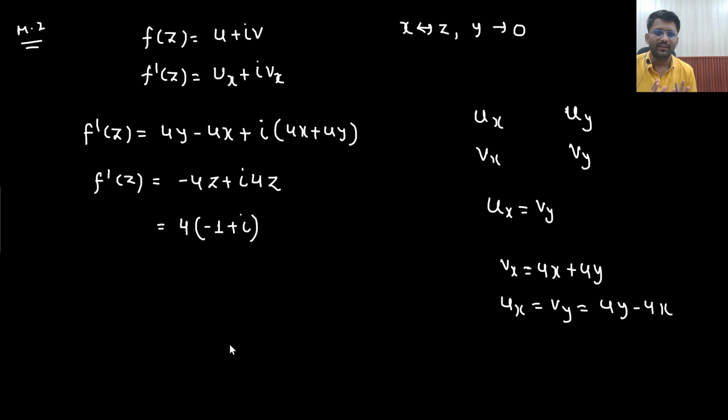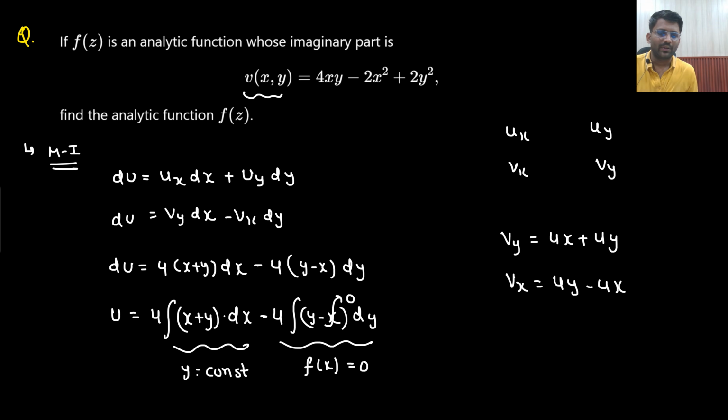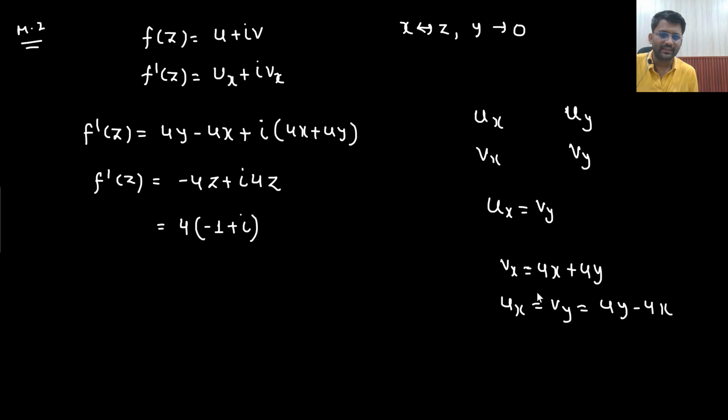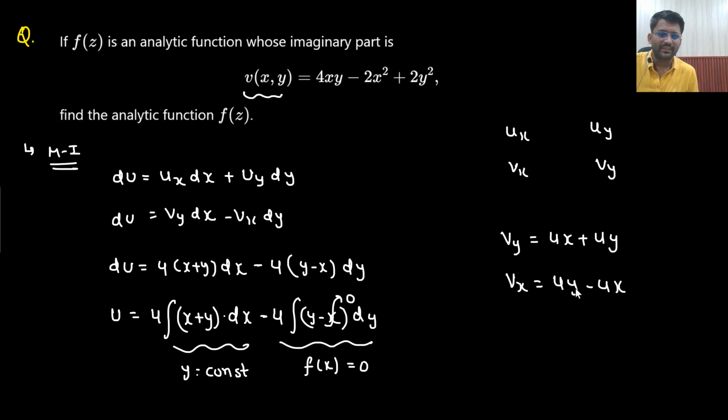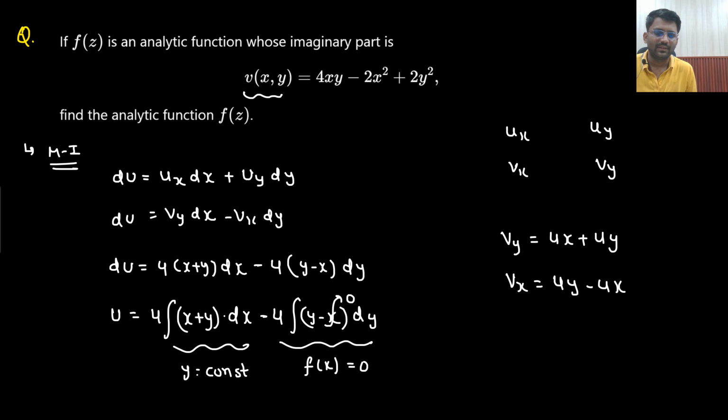Is that clear? No, nothing wrong, right? Vx, what was our Vx? Okay. Opposite I have written, I guess. Vx is 4y minus 4x. Sorry guys. This is opposite. What was our V, no? So what will be our Vx? Vx will be 4y minus 4x.